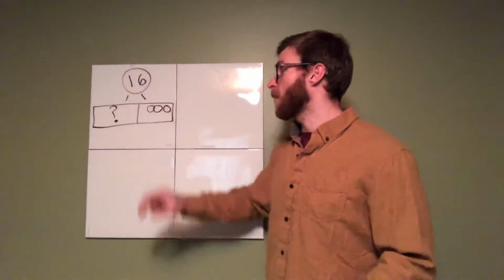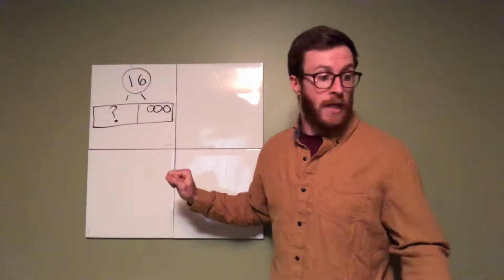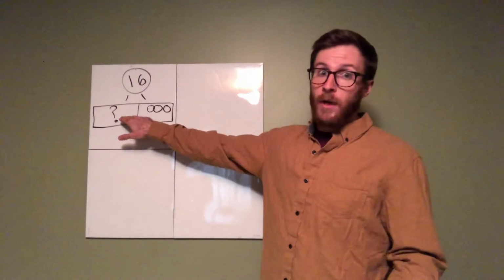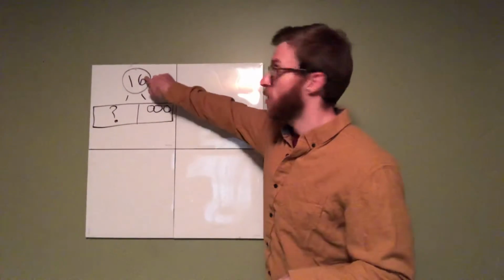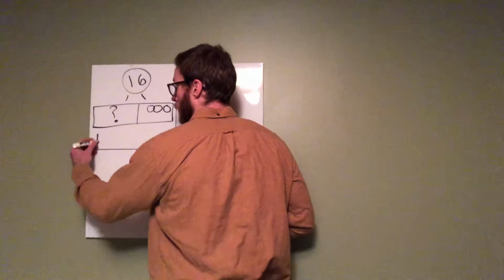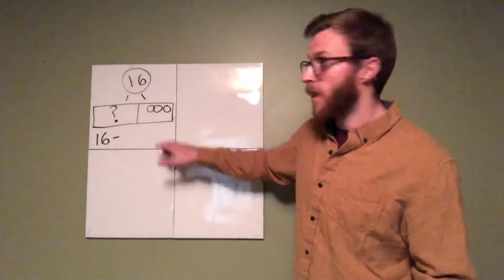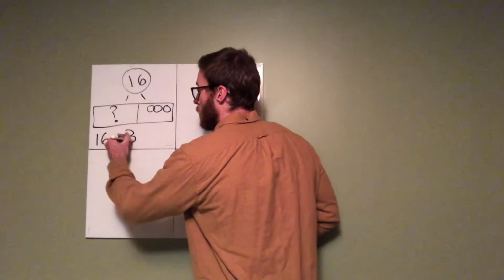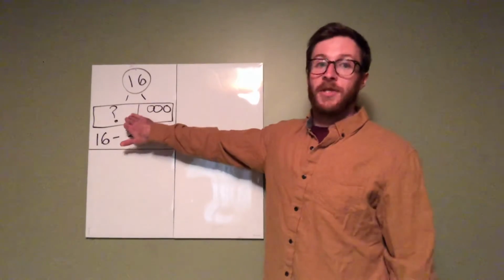Because if we start with 16 and then we get rid of our 3 that Kiana was given from her friend, then we're left with what she started with. Okay, so it's kind of like we're working in reverse. We're starting with what she ended with, which was 16. Then we are subtracting or minusing what she was given from her friend, which was 3. And what we will be left with is how many she started with.